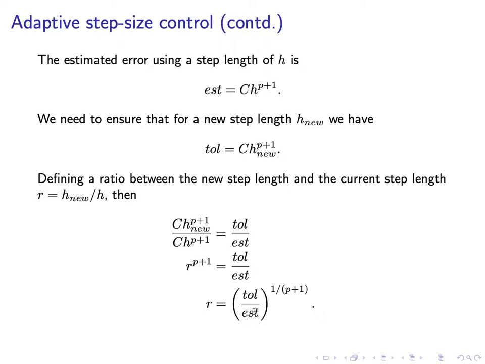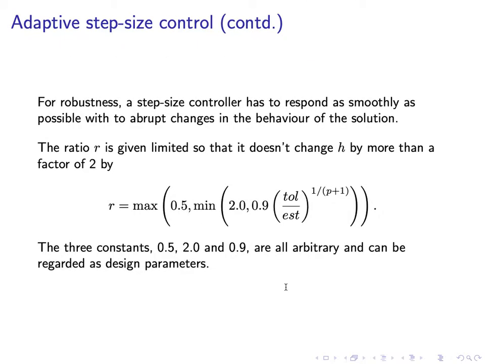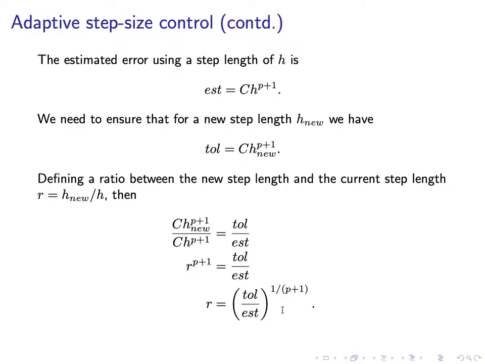We've calculated our estimate of our error, and we know what p is because that's the order of our method. Going back, we simply multiply our current step length h by this ratio, and that will either increase or decrease h depending on whether EST was greater than or less than tol.